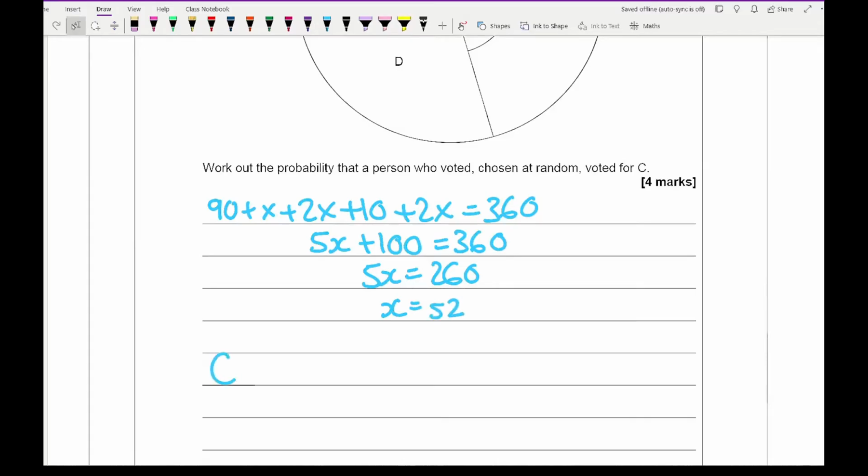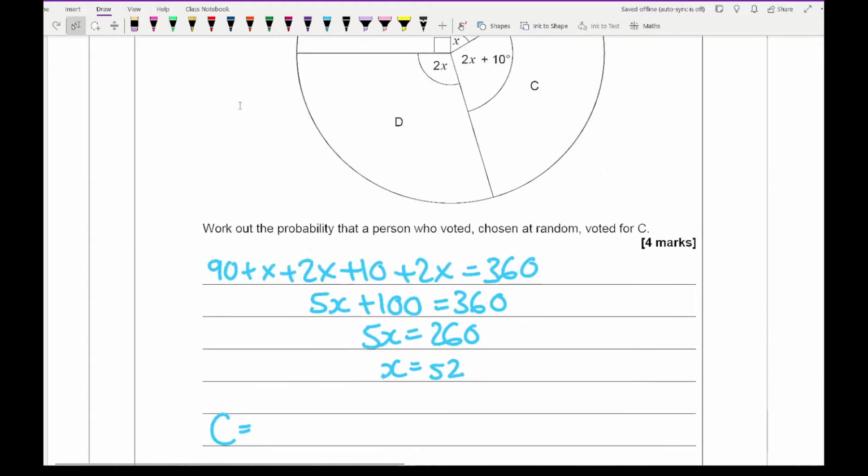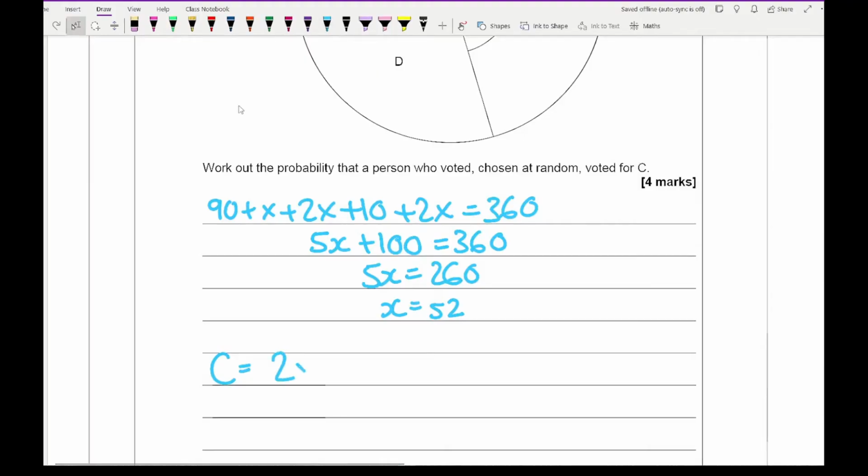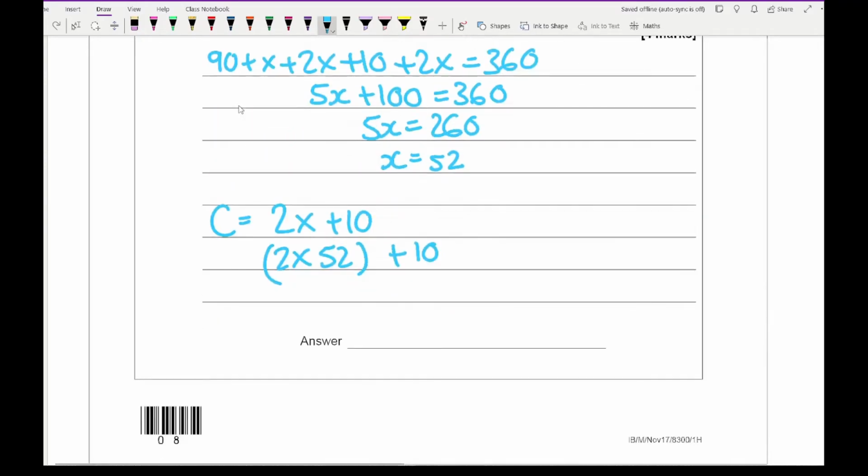Now for candidate C, the angle is 2x plus 10. So here I've got 2 times 52 plus 10, so 2 times 52 is 104, plus 10 gives me an answer of 114. Now the question is asking what's the probability. Well, it's going to be 114 divided by 360, or we can simplify that as 19 over 60.